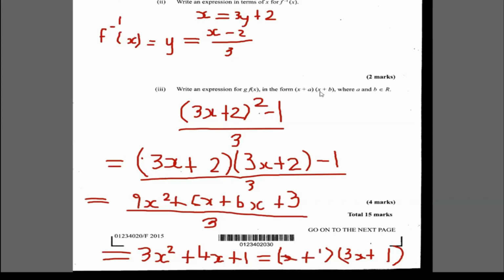But it needs to be in the form x plus a and x plus b. So instead of saying 3x plus 1, we're going to write this as x plus 1 over 3. And that's that.